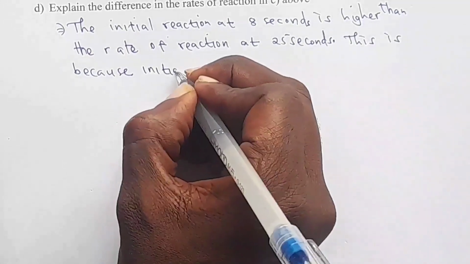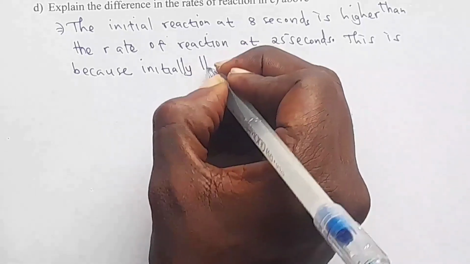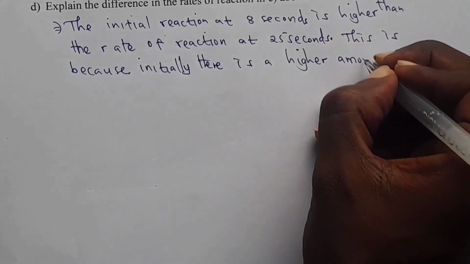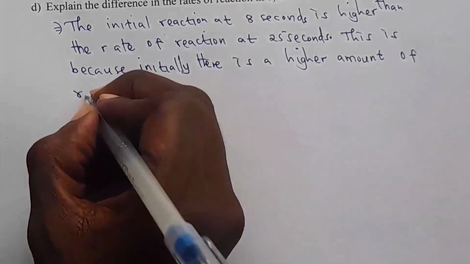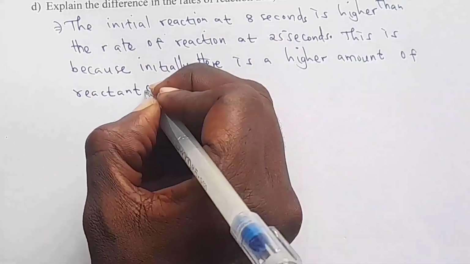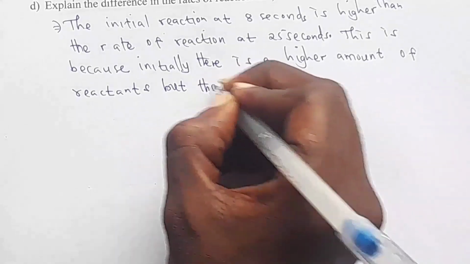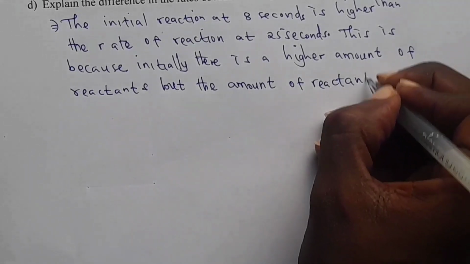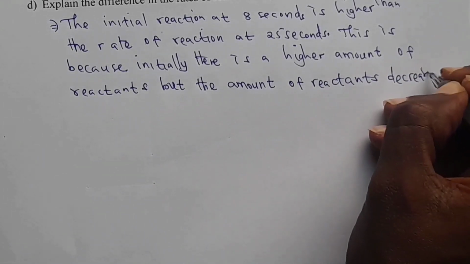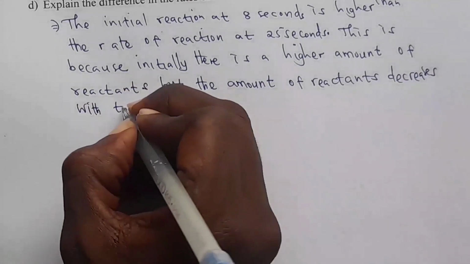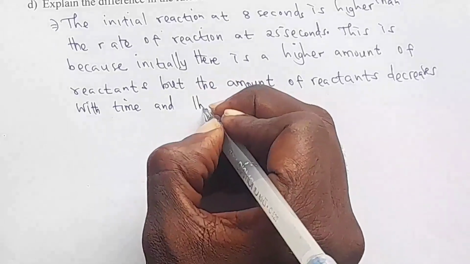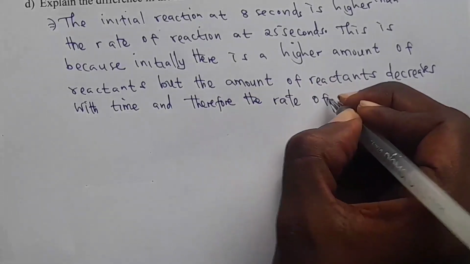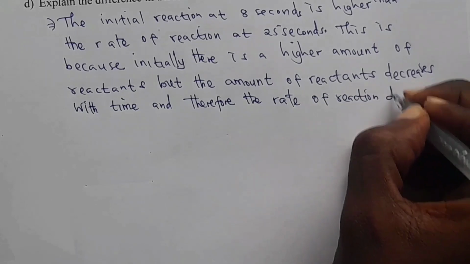initially there is a higher amount or a higher concentration of reactants, but the amount or the concentration of the reactants decreases with time, and therefore the rate of reaction decreases as well.